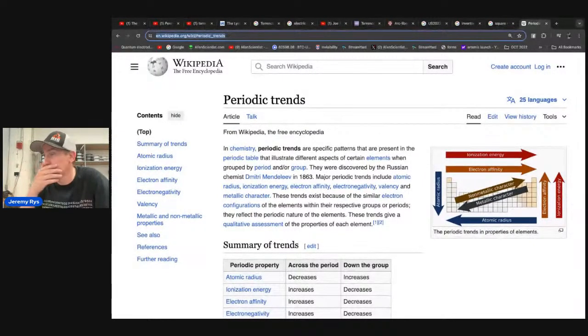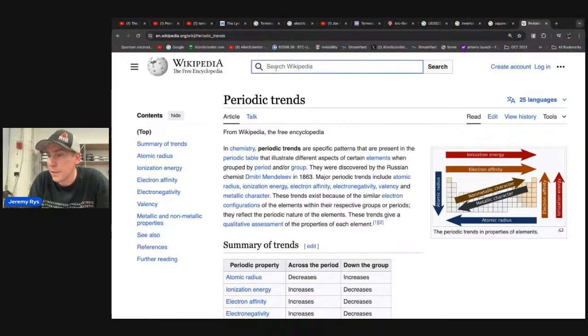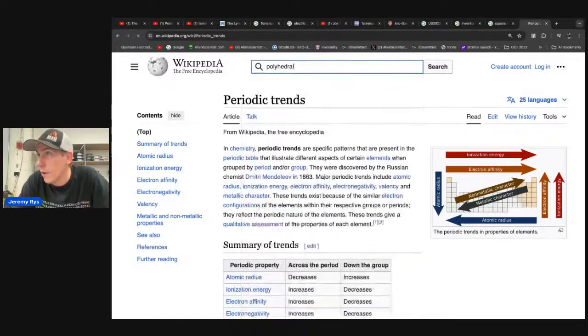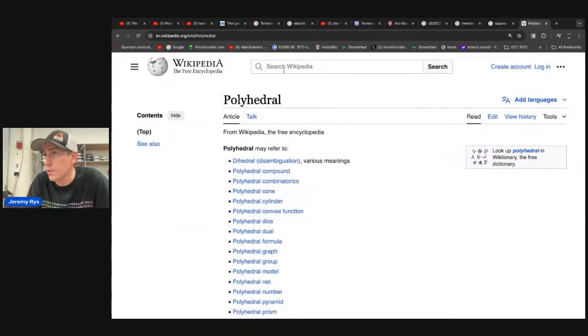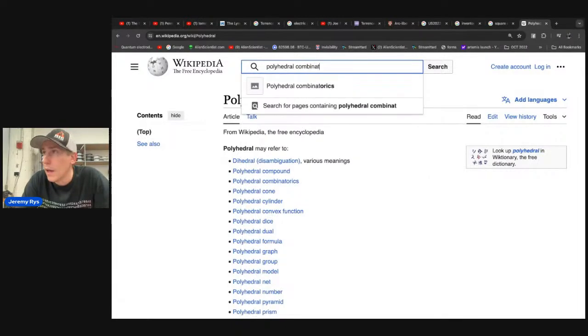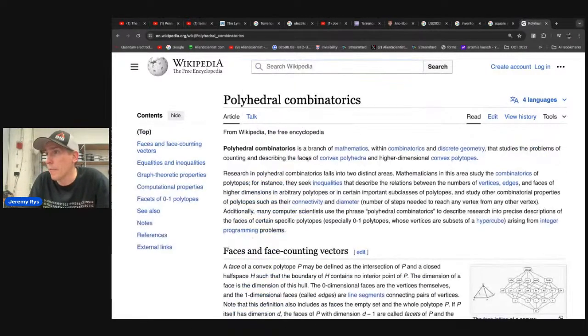It starts out nice and easy with these 8 octaves, and then it gets complicated really quick, because what you're dealing with is structures that are polyhedral, polyhedra, right? So polyhedra have certain ways of combining together.